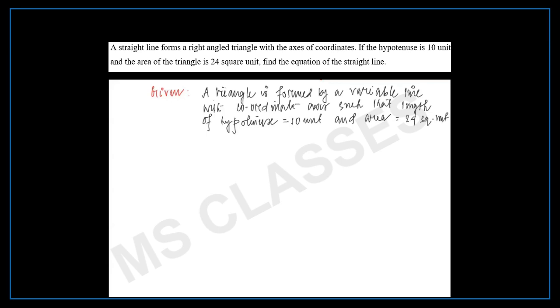Now, if we decode this information in the Cartesian way, x by A plus y by B is 1. This is the variable line we can consider, though this line can be put in the second quadrant, in the third quadrant, in either. We have taken it in the first quadrant.